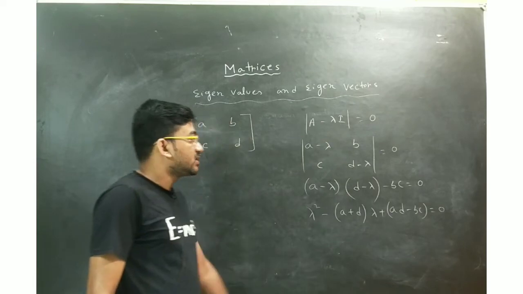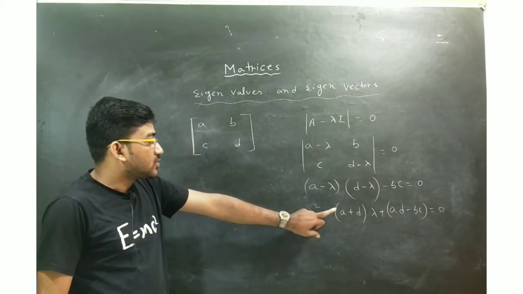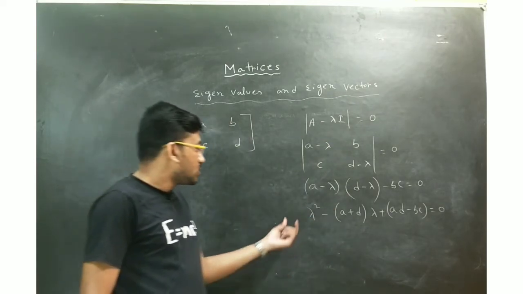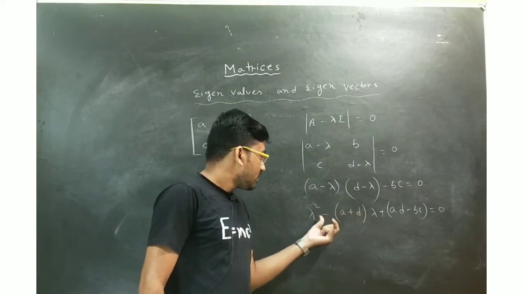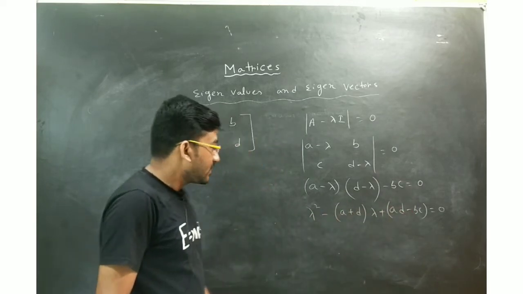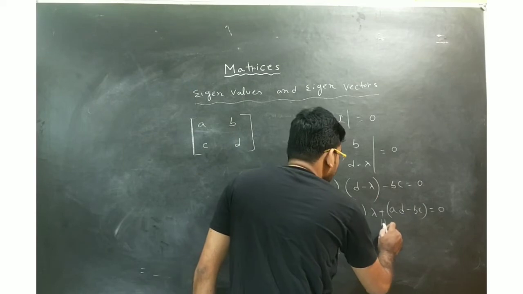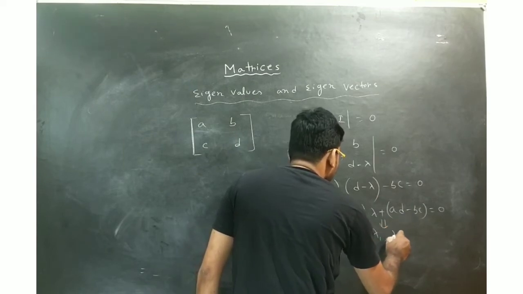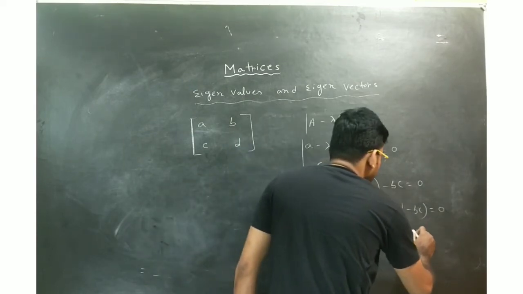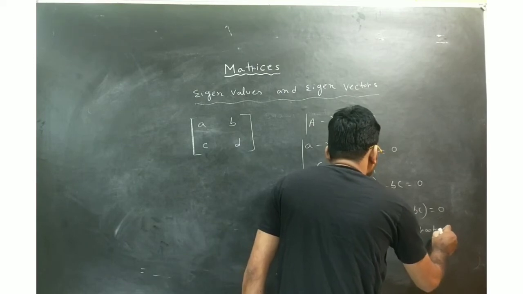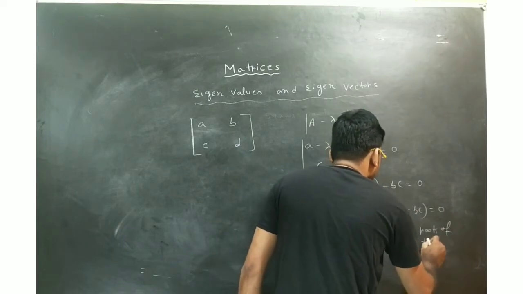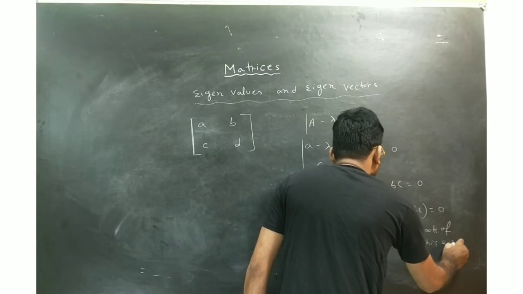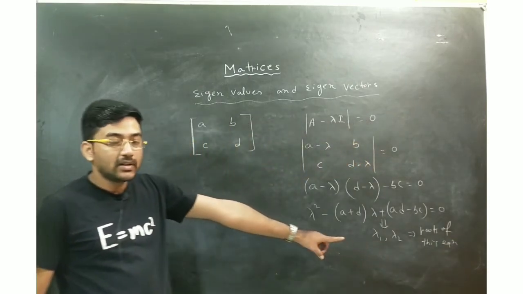So this is your characteristic equation. Now if you solve this equation, you will get two roots because this is a quadratic equation. So you will get lambda 1 and lambda 2, the roots of this equation.